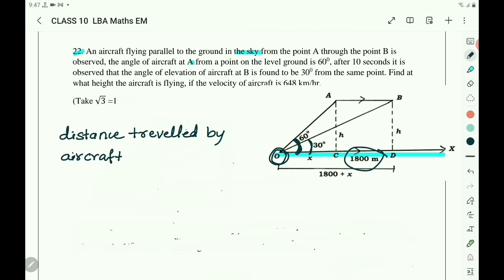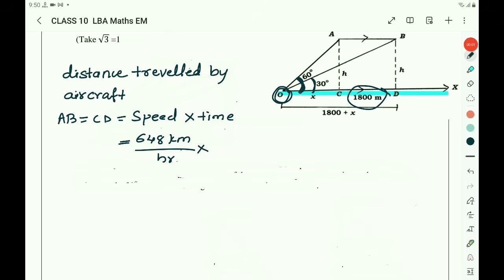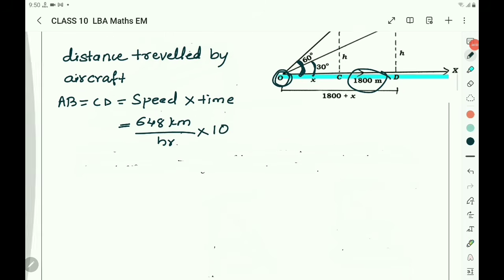But here, you know the formula to find the distance traveled. Distance is equal to what? Speed into time. Here the distance is AB, which is also equal to CD. That is equal to speed into time. Speed is 648 km per hour into 10 seconds.